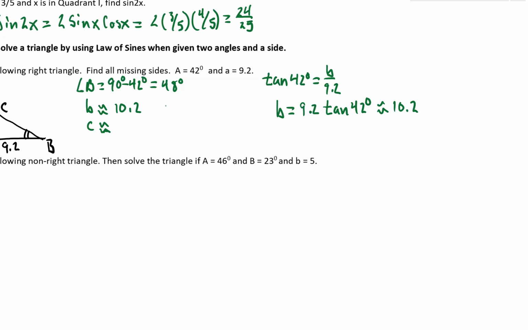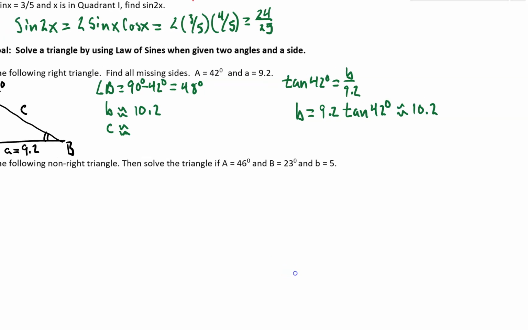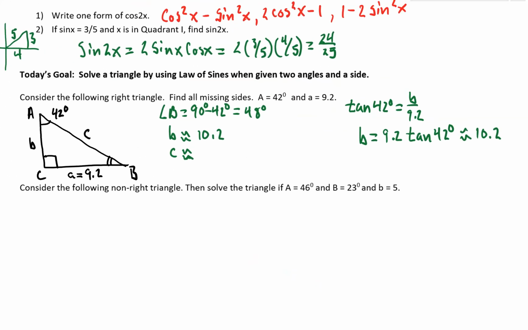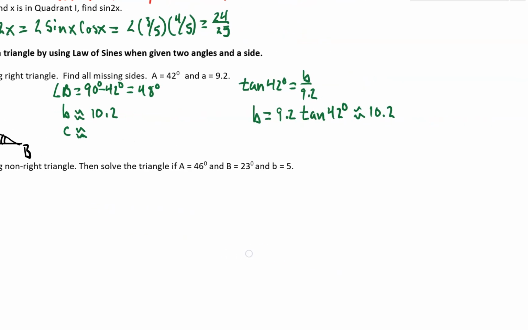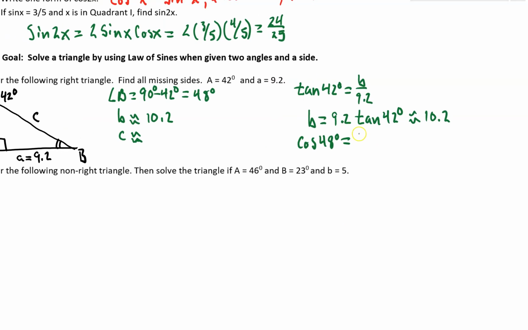And then the last part of this, we're looking for length c in this problem. Well, for length c, I could still go from angle B here to find c. Instead of using a tangent here, we're going to use an adjacent and a hypotenuse. So that would be a cosine. So we can say cosine of 48 degrees is equal to the side adjacent, which is 9.2, over c.